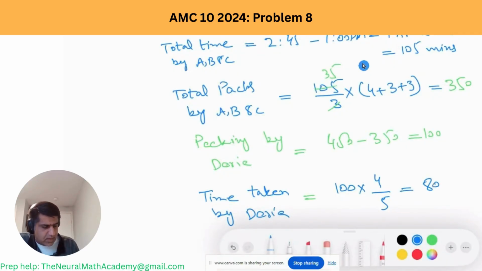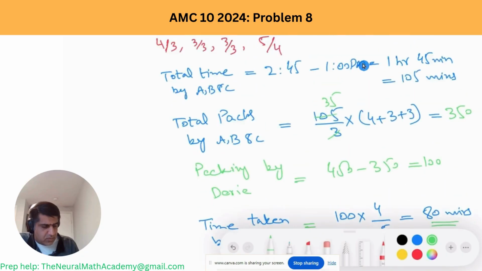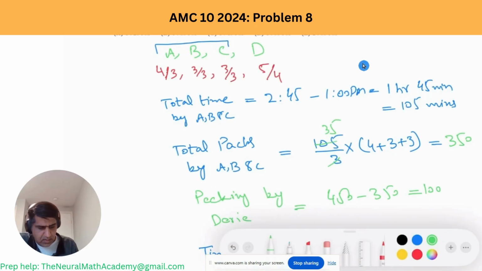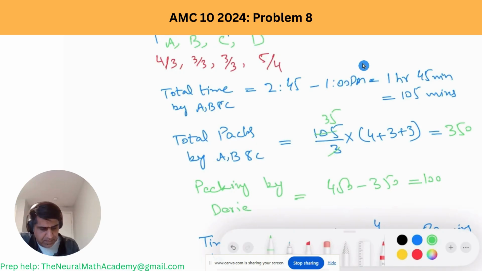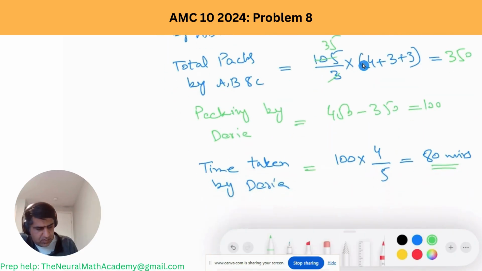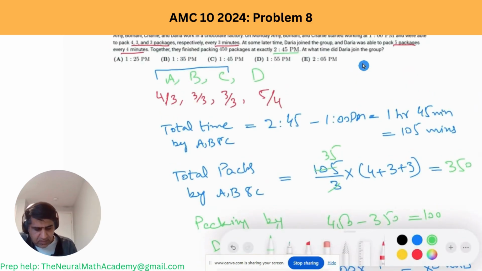If I solve, I get 80 minutes. So Daria took 80 minutes. It means that she joined at 2:45 minus 80 minutes, and that would be 1:25, right? Yes, it would be 1:25. So the answer is A for this problem.